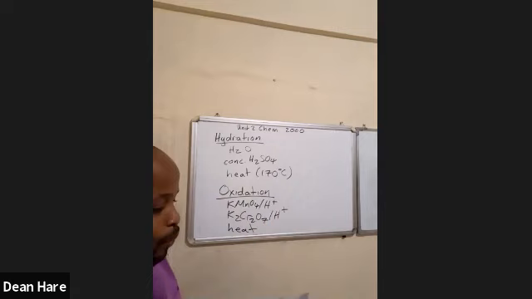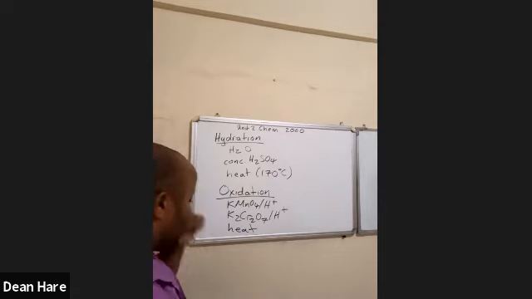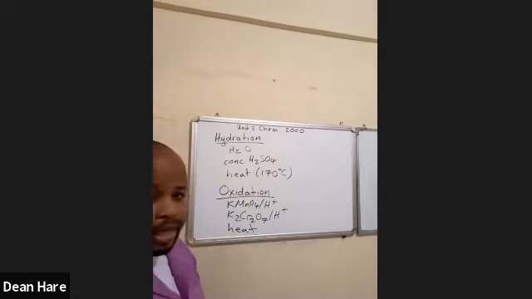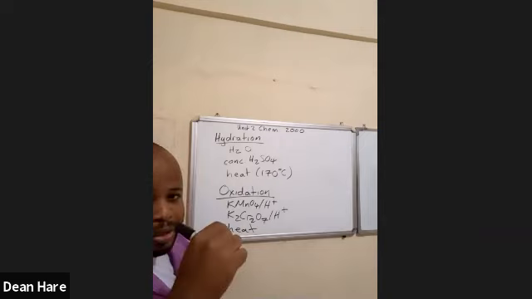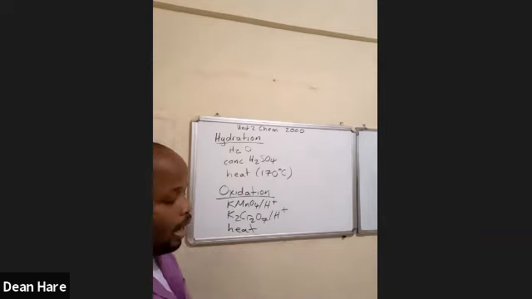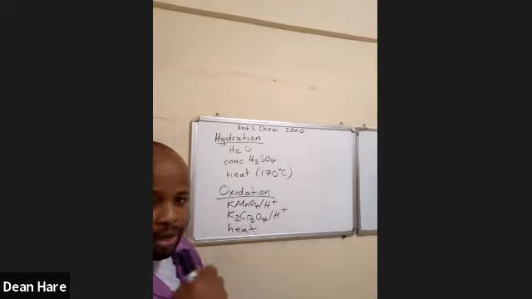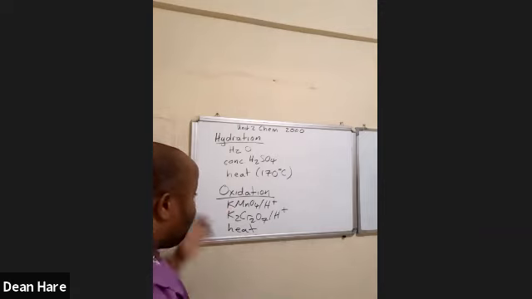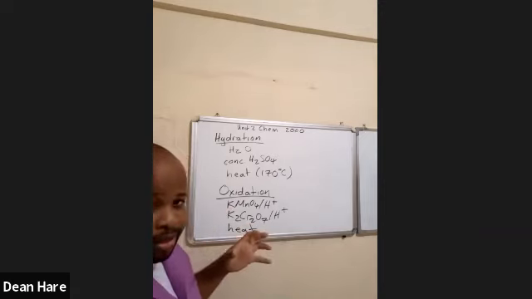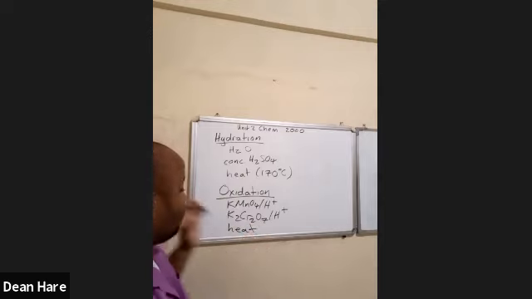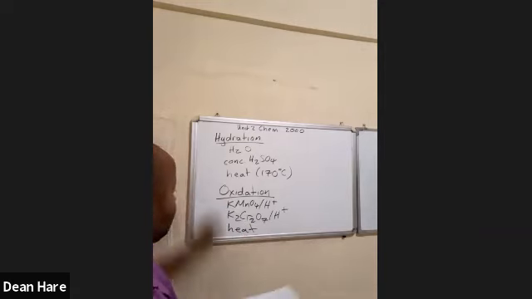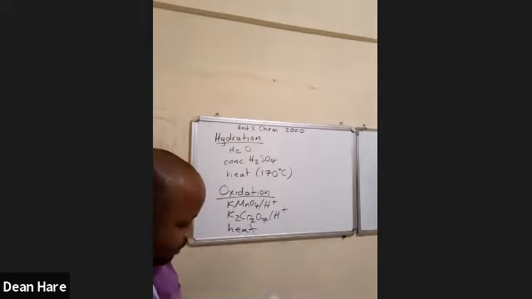If you actually want to oxidize the alcohol to your aldehyde or carboxylic acid and collect it, we need heat. It's not like the test tube reaction where you just add a few drops of KMnO4 and look for the color change. If you actually want to oxidize a sample of your alcohol to the aldehyde or carboxylic acid, then you will need to apply heat. So these are the conditions.